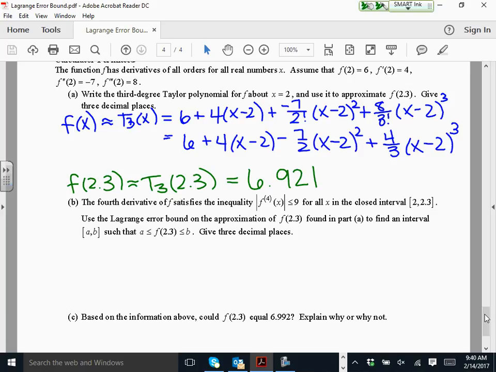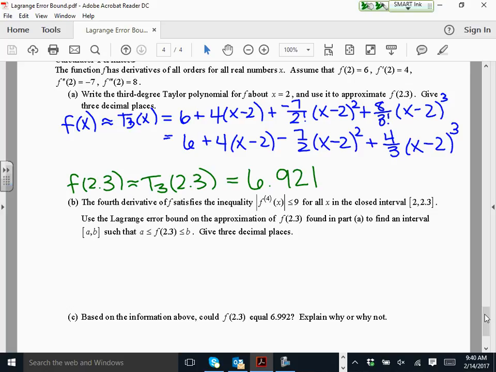So, in the next portion, awesome, they give us that our fourth derivative will always be less than or equal to 9 on the interval 2 to 2.3. So we want the Lagrange error bound of this approximation and an interval that our approximation would be in.